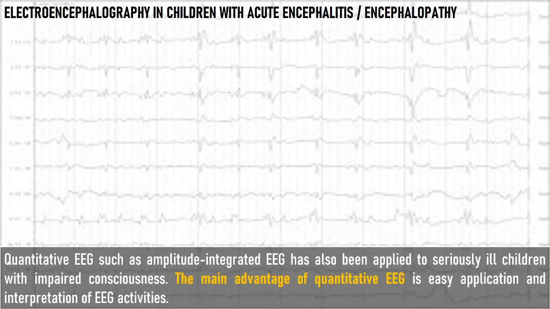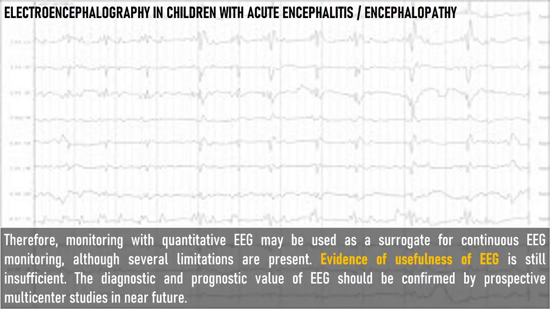Quantitative EEG such as amplitude integrated EEG has also been applied to seriously ill children with impaired consciousness. The main advantage of quantitative EEG is easy application and interpretation of EEG activities.